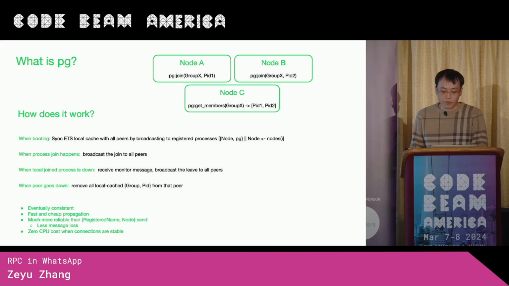So you may execute something that you don't want to do. But if you do PG leave a few seconds earlier than the handler shutdown, you likely won't lose any message or have any wrong messages being executed. And also, there is absolutely no CPU cost if Erlang distributions are stable, which is very important to us.